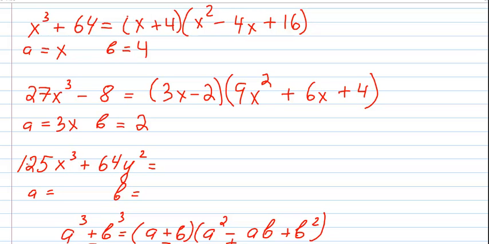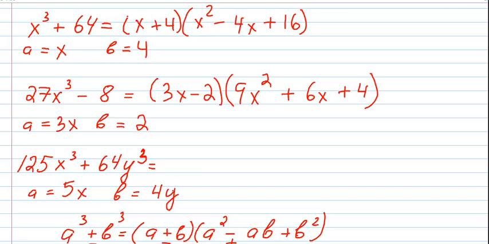In our last example, again, we need to make sure that both terms are perfect cubes. And by the way, it's supposed to be cubed here. So then both terms are perfect cubes, and a is 5x, since 5 cubed is 125 and x cubed is x cubed, so the whole term is 125x cubed, and b should be 4y.